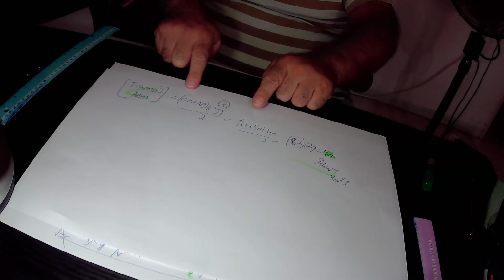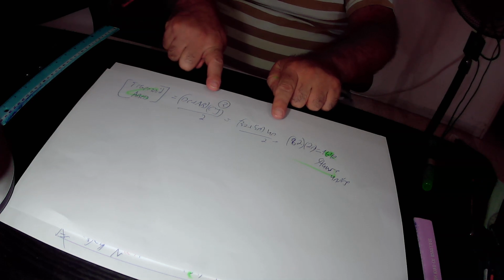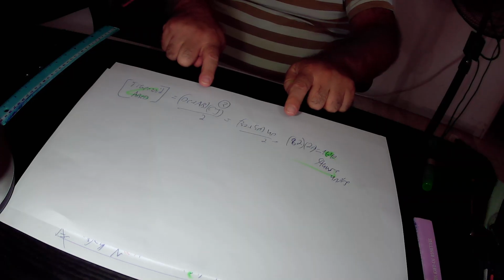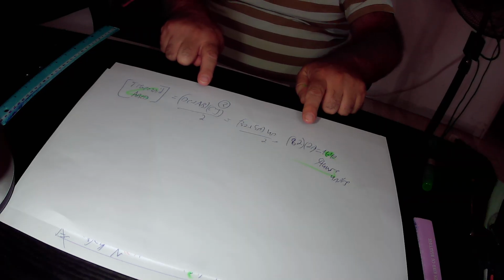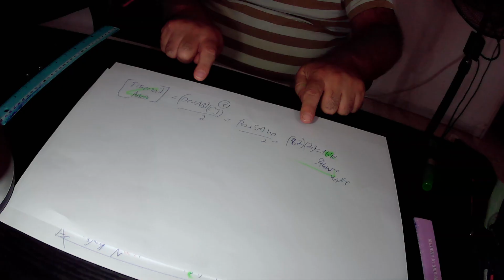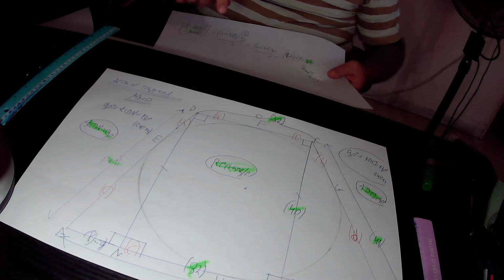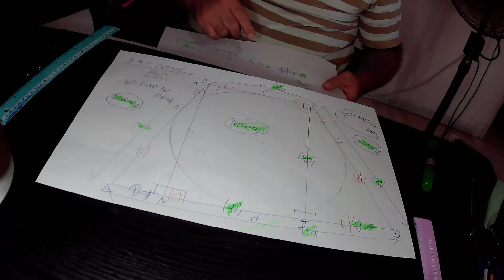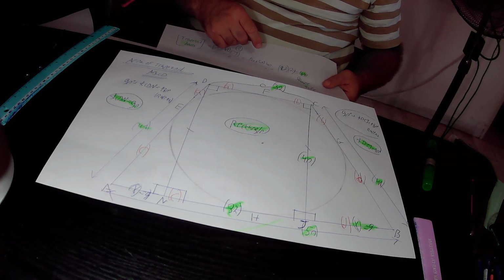DC is 32, AB is 50, CJ is 40, divided by 2. 32 plus 50 is 82, and 40 over 2 is 20, so the area of trapezoid ABCD equals 82 times 20. 82 times 20 is 1640. So the area of this trapezoid ABCD is equal to 1640 square units in its size.